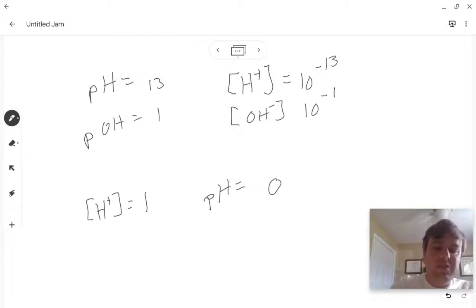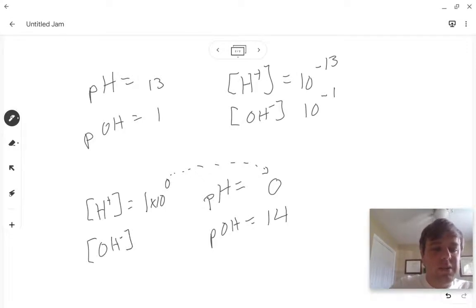The reason this works is because 1 in scientific notation is written as 1 times 10 to the 0th power. And so that's where that 0 comes from. So if your pH is 0, your pOH would be 14, and your OH minus concentration would, of course, be 10 to the negative 14.